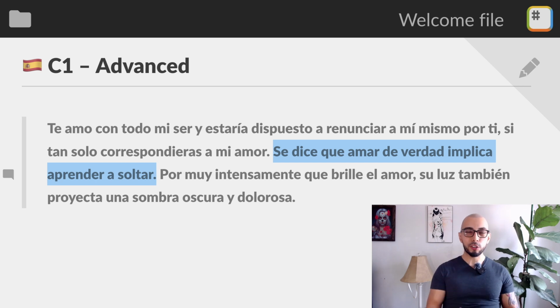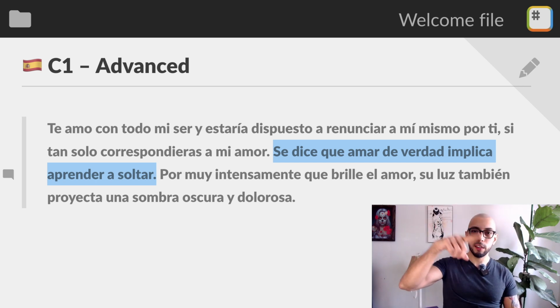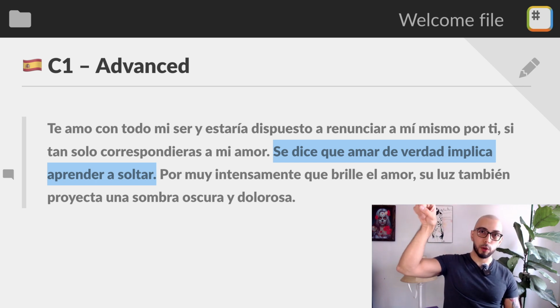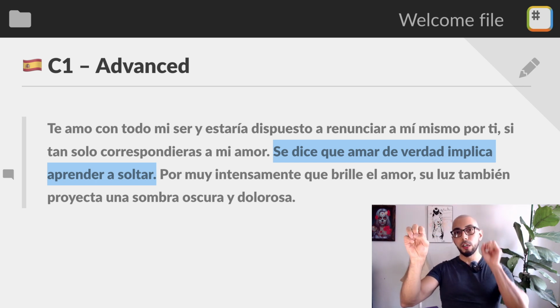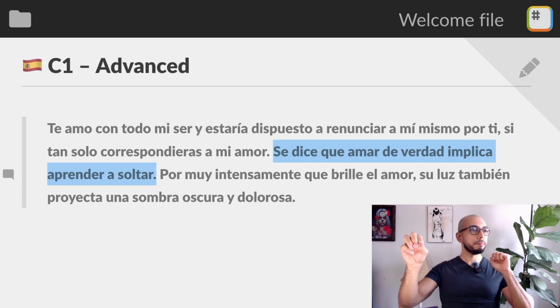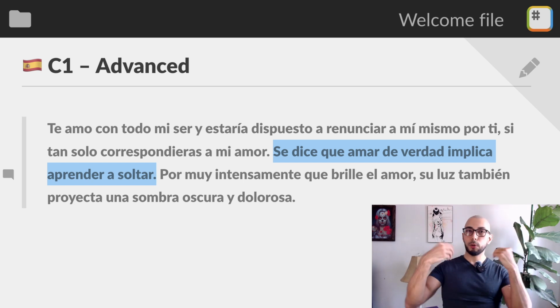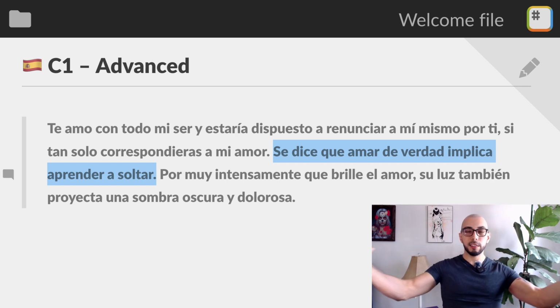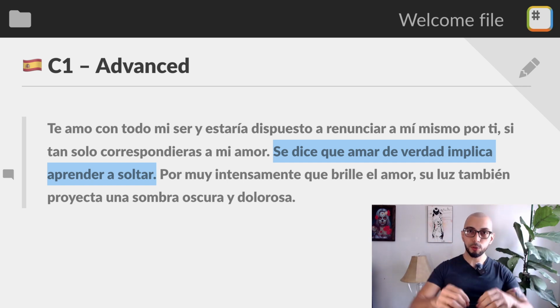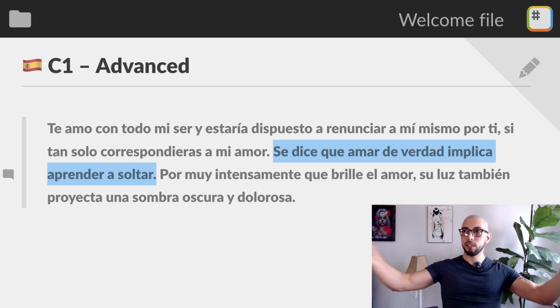Se dice que amor. It's like that impersonal way of talking about something. Se dice. Se. No se puede comer aquí. It's almost like one of those public signs, like no eating here, with the circle with the red line going through, no smoking here, no jaywalking here. It's very impersonal. It's an impersonal announcement to the masses, right?